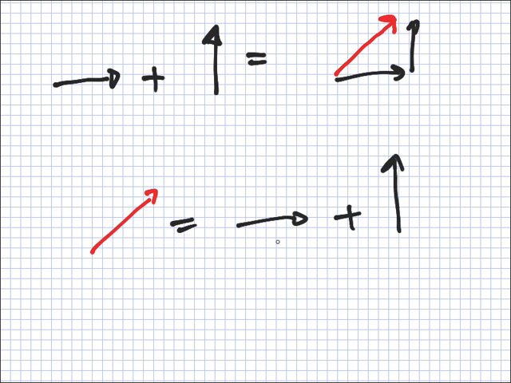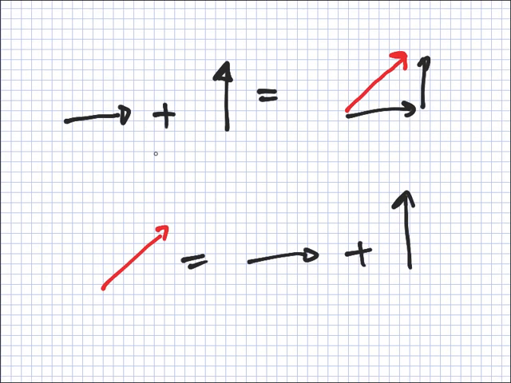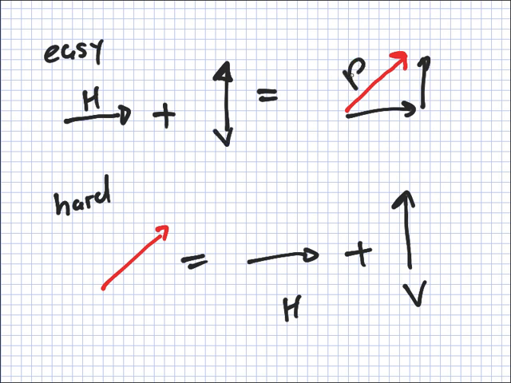You see, this way is easy. You just put this here and there you go. But this one's a little bit harder. You have this vector and you want to write it as a horizontal and a vertical. Here, horizontal, vertical, resultant. But here you start with the resultant, you want horizontal and vertical.